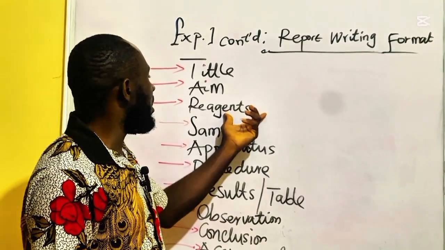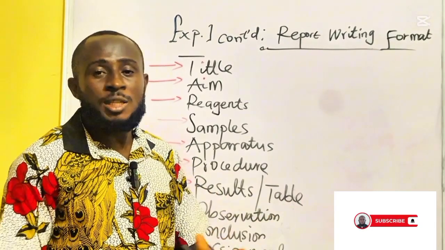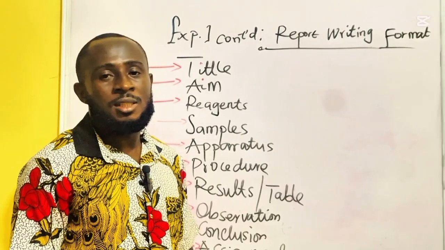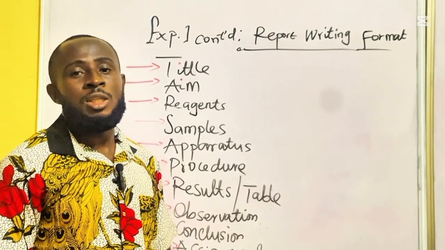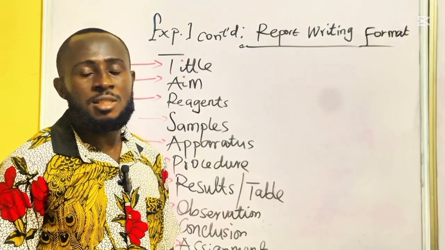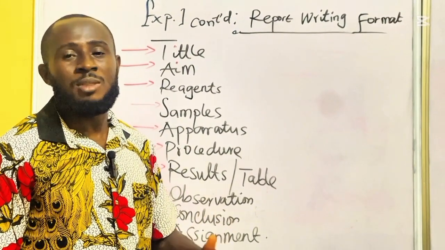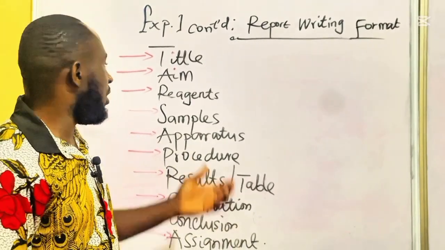Thirdly, that is reagents. Reagents is just any liquid form of materials you're working with. What do I mean by that? If you're working with any liquid at all, that becomes your reagent. If you're working with water, ethanol, acetone, any solvent at all, that becomes your reagent.